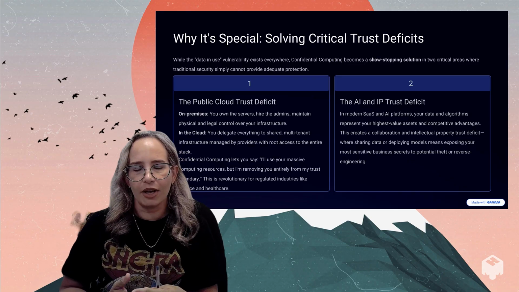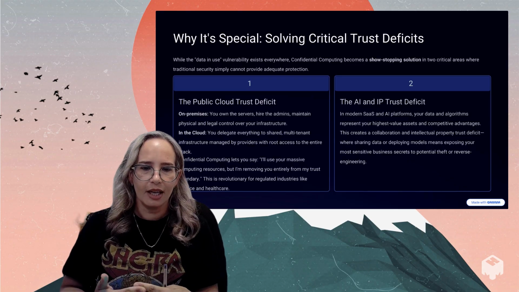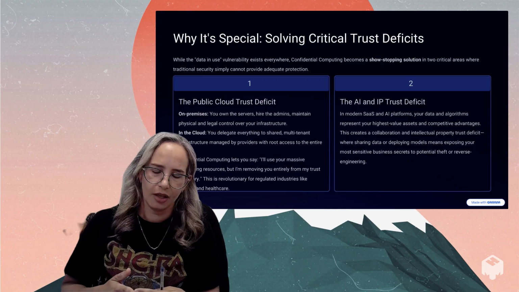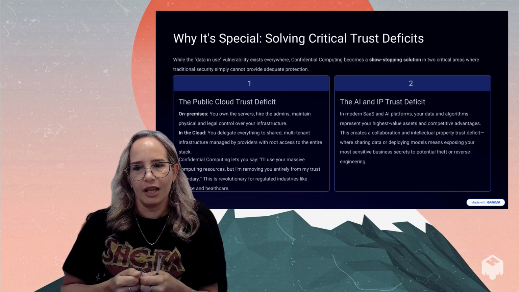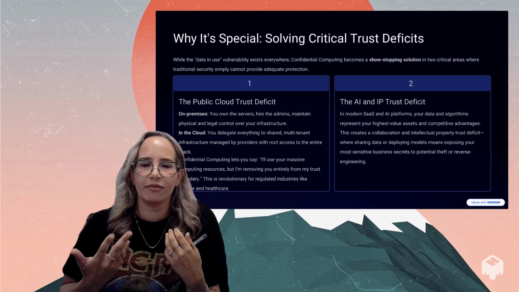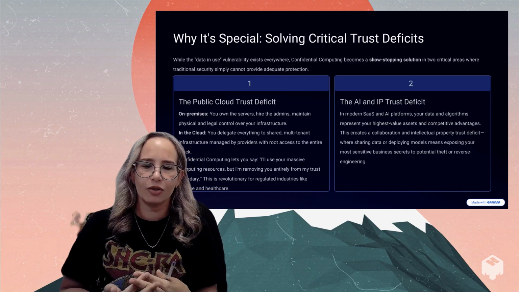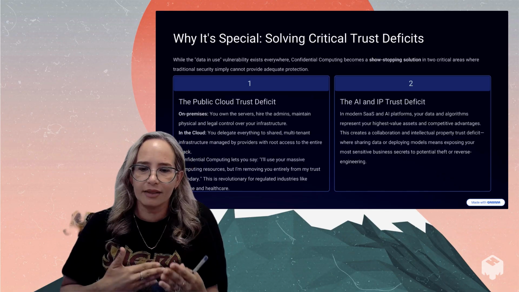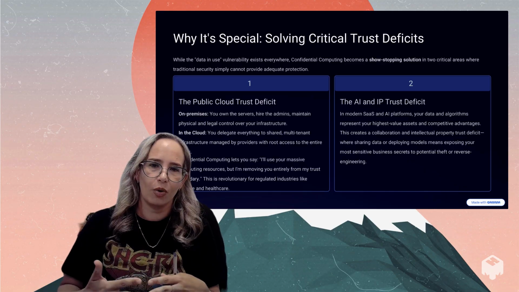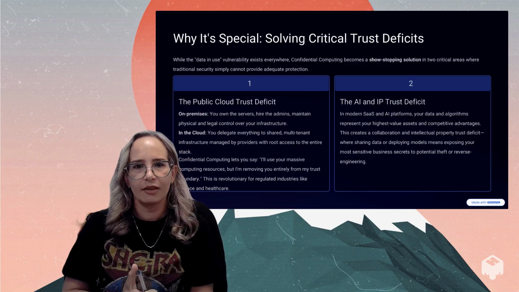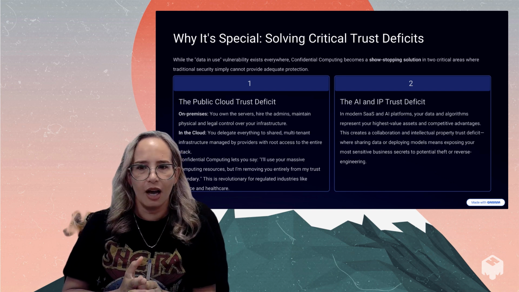The second area where it is quite unique is in AI and modern SaaS applications, where the data itself is what has the highest value and actually the target. And this is where we have the trust deficit, where we want to collaborate, and we have this sensitive IP that we want to protect.